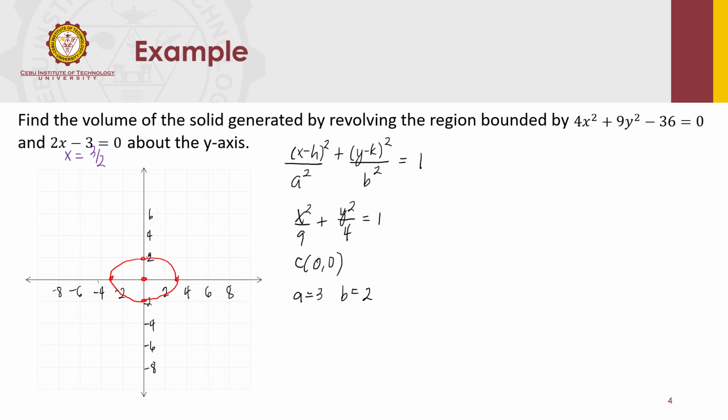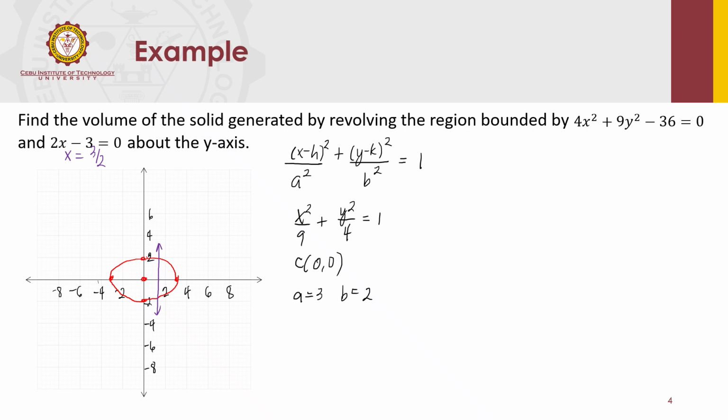And we can get the points of intersection. So this is the line, and the area is going to be rotated about the y-axis.